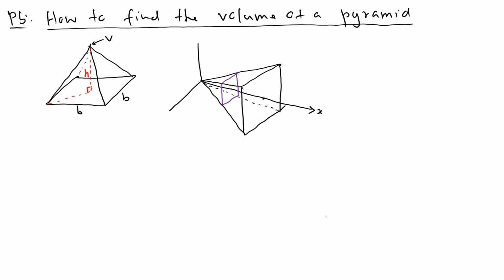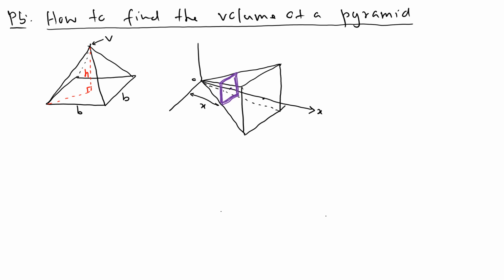So that's the typical cross section at the x position. That's x, so it's x distance away from the origin.